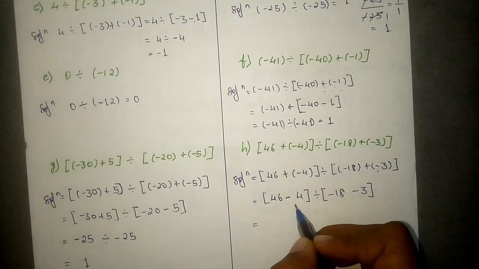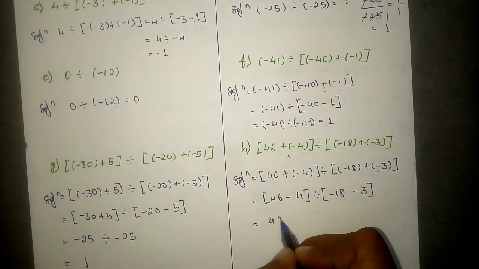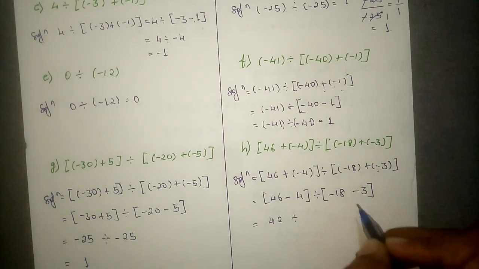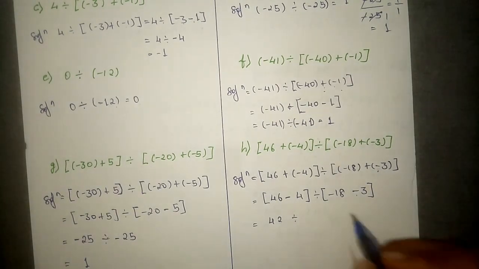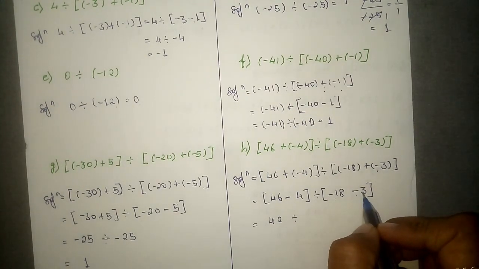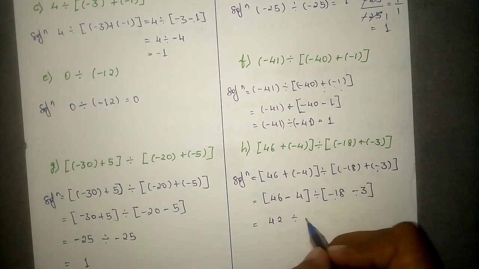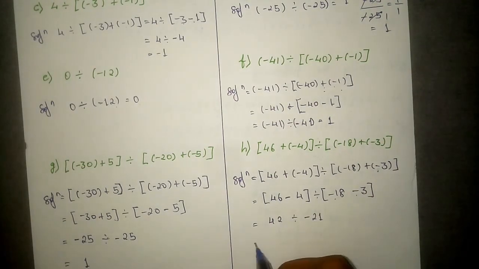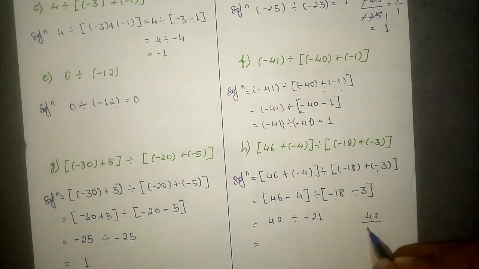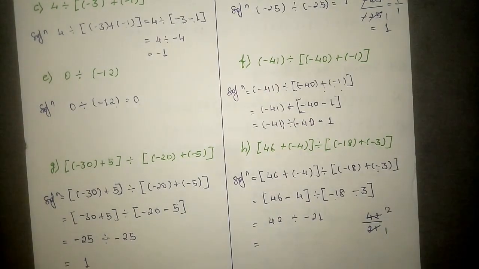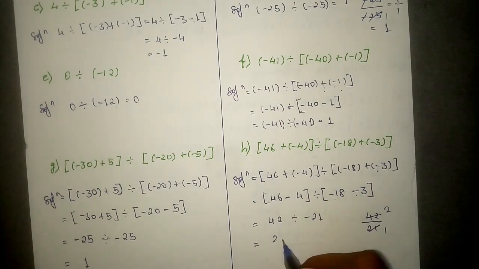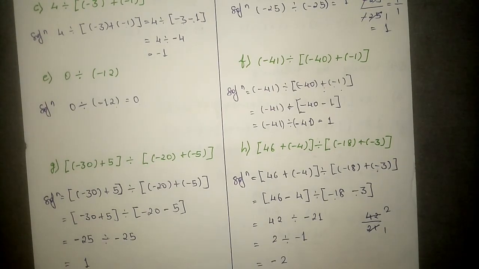Now 46 minus 4 is equals to 42, then divided by minus will be plus, and 18 plus 3 is equals to 21. It means here we will write minus 21. Now 42 divided by 21, so 21 into 1 and 21 into 2. It means here we will get 2 divided by minus 1, and 2 divided by minus 1 equals to minus 2.